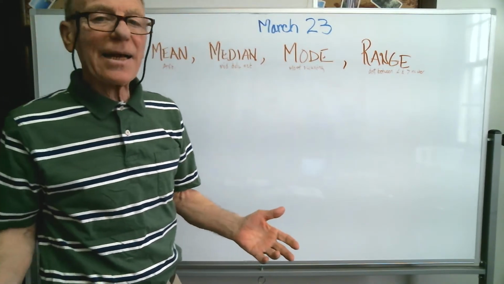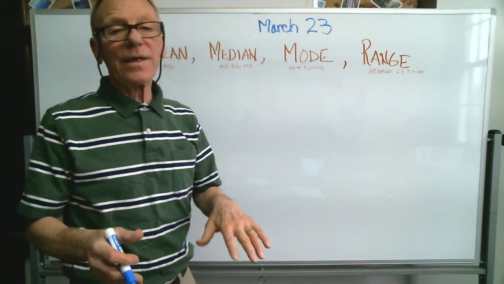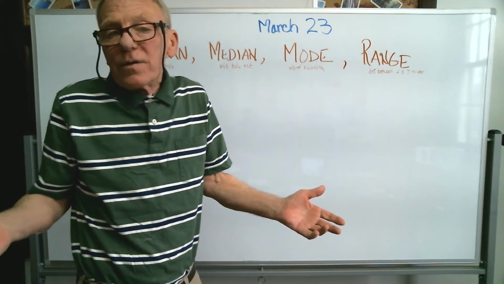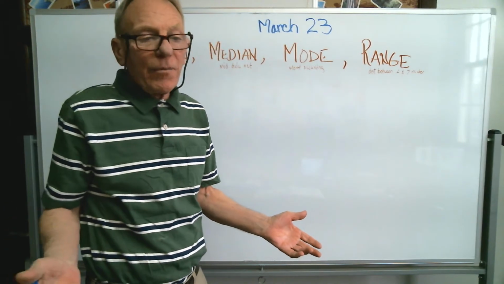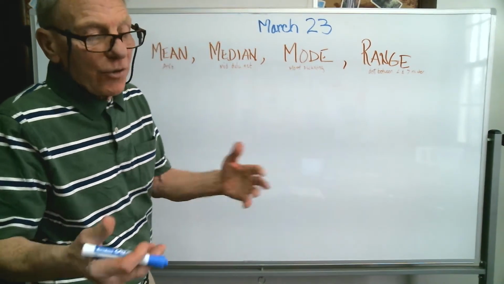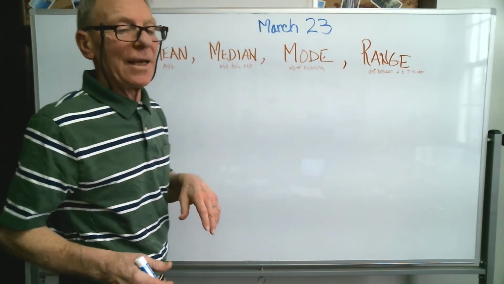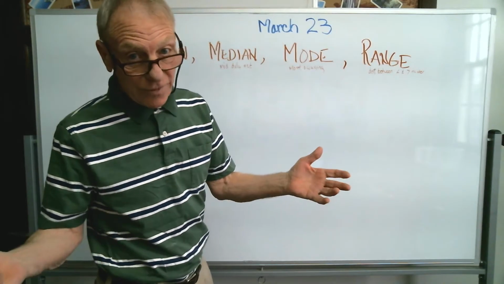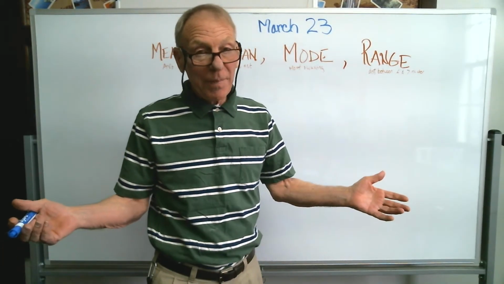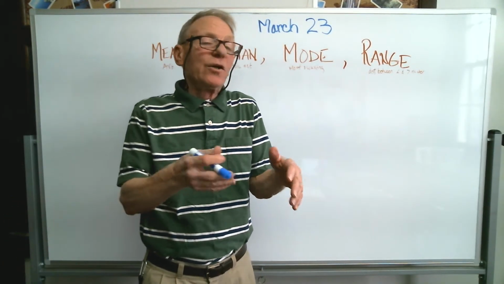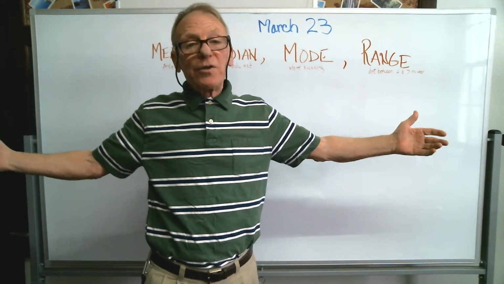When we look at a data set, we can determine some pretty specific information given to us just by using those numbers. We talk about mean. We have a set of numbers, and it can be any set of numbers. It can be two numbers. It can be 200 numbers.